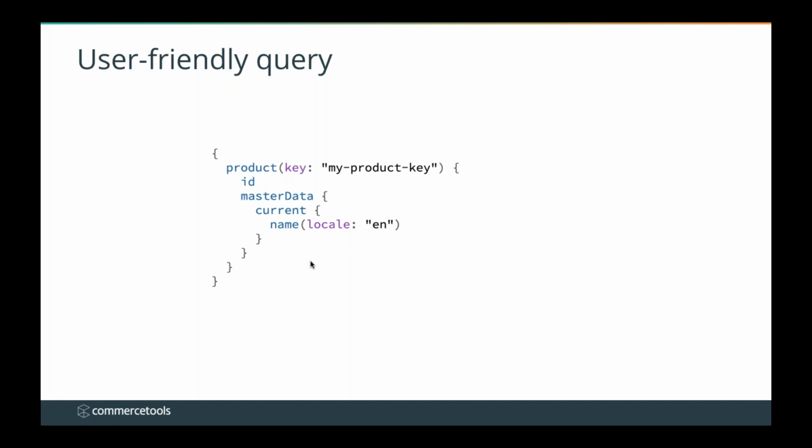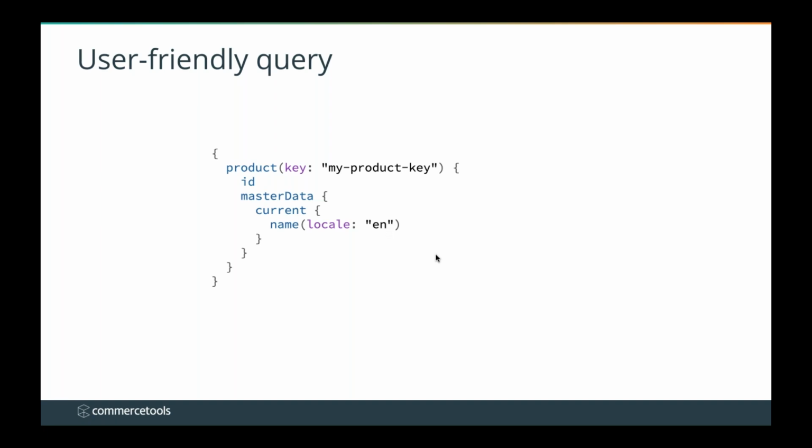If we look at it, we can quickly understand what it does. It's trying to get the product with this key, and from it wants to know the ID and the name. And from the name, it wants it in English. So it's quite easy to understand a GraphQL query.